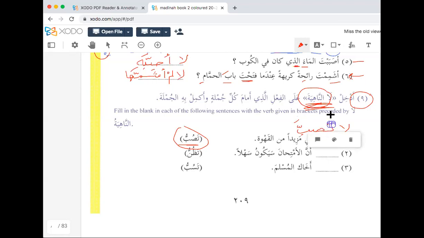La tasubba li mazidan min al-qahwa. Don't pour me any more coffee.